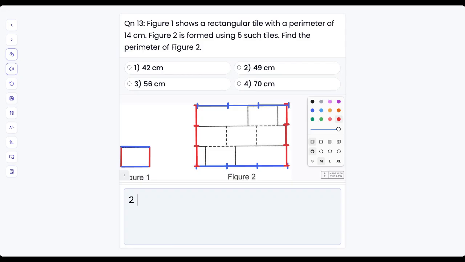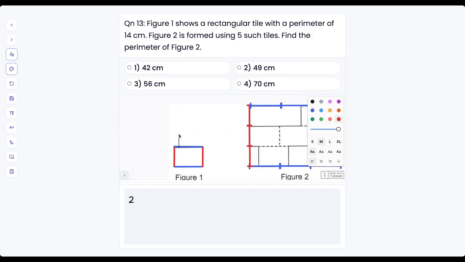So I'm just going to say the purple one as length, and breadth is the red one. And then the blue one is length in blue.